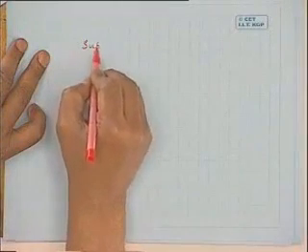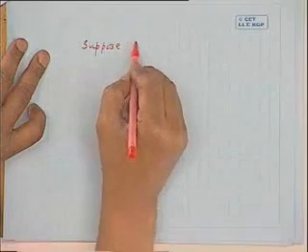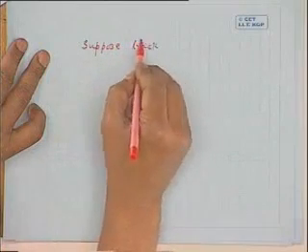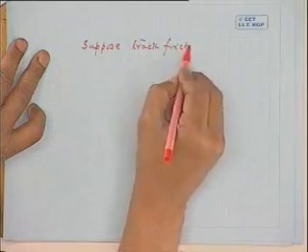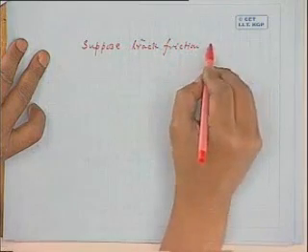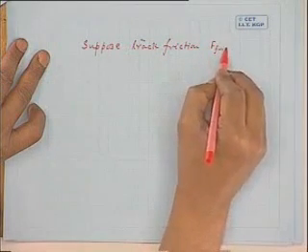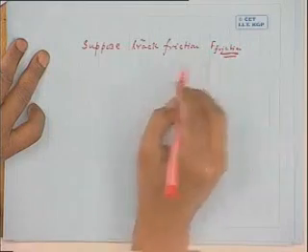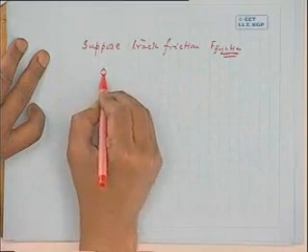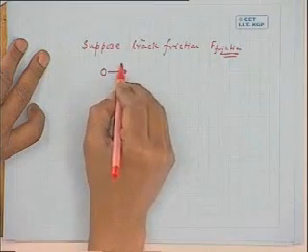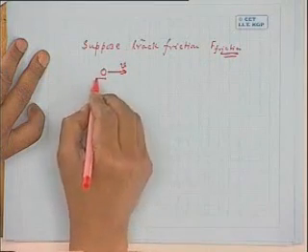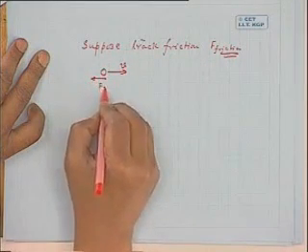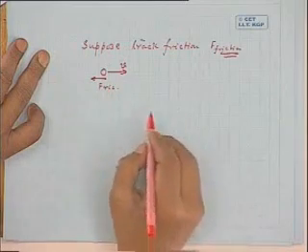See, suppose there is track friction. Let us assume a constant F friction is present. Then what will be the equation of motion? This is the conductor. At any time, this is the velocity.